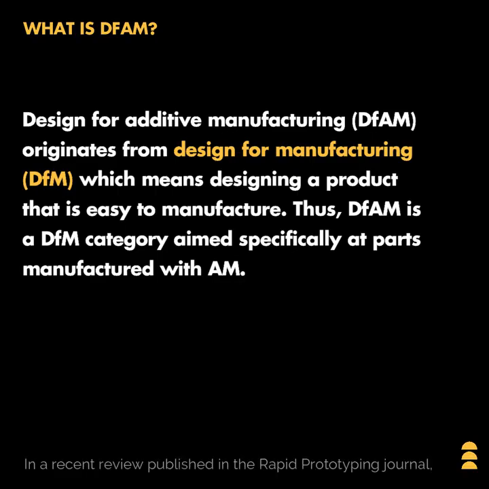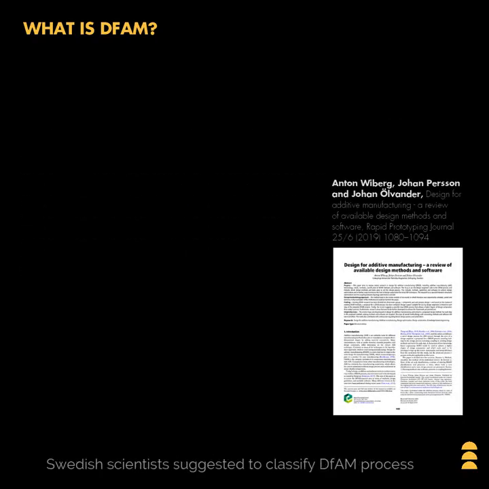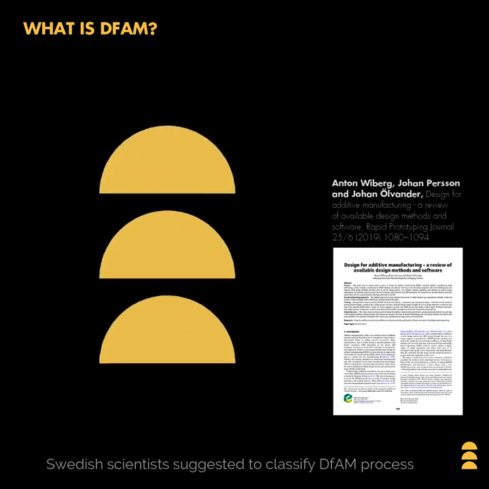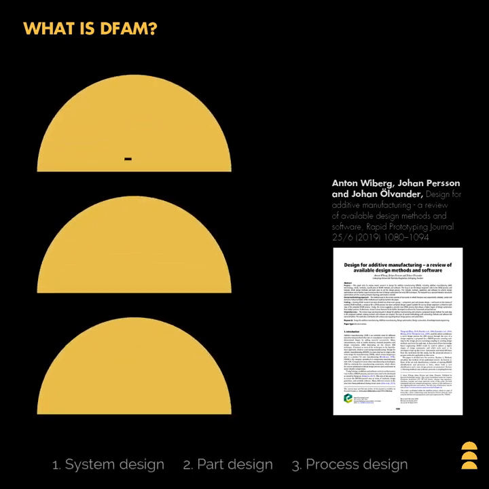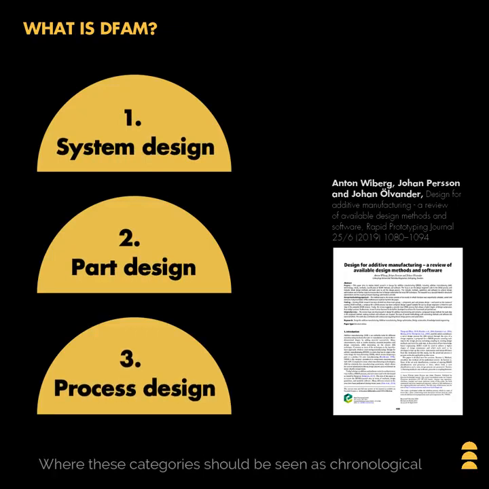In a recent review published in Rapid Prototyping Journal, Swedish scientists suggested classifying the DFAM process into three categories, namely system design, parts design, and process design, where these categories should be seen as chronological steps with formulated goals for each step.